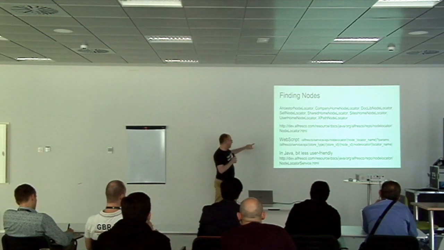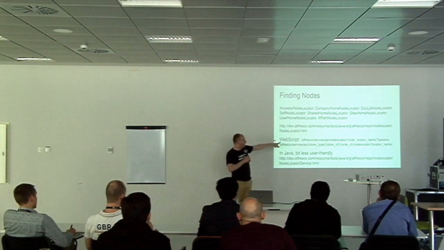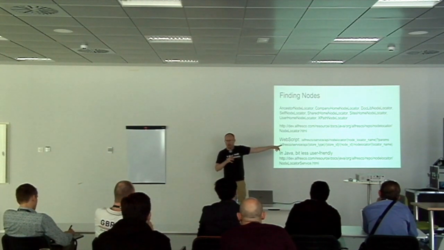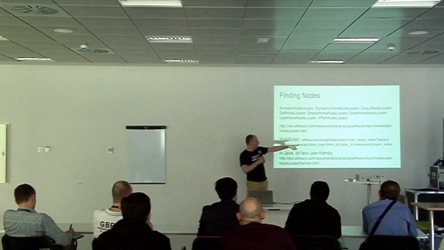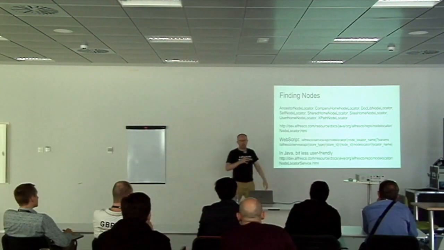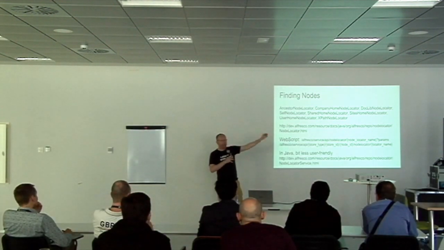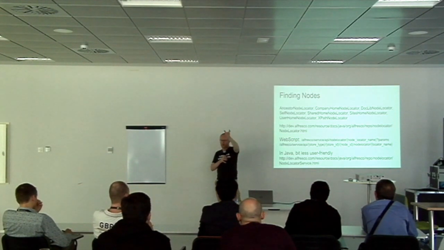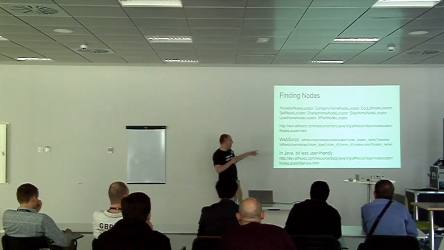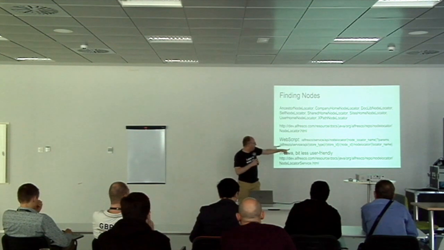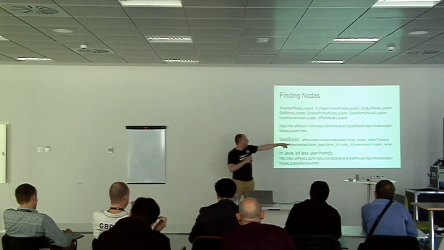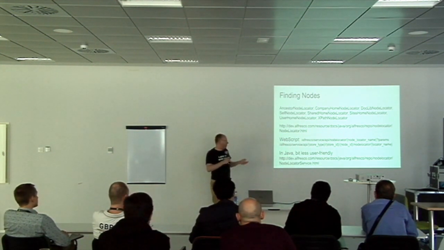You can use the web script here. This is not the new shiny REST API way, this is the older web script way. You can just pass in a node locator and some parameters. So you can say XPath node locator parameter, and then pass in the XPath, and you get back the node ref. Or you can pop in a node ref into the middle there and say like the site home, and it'll give you the site home.